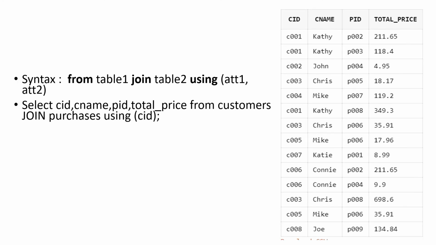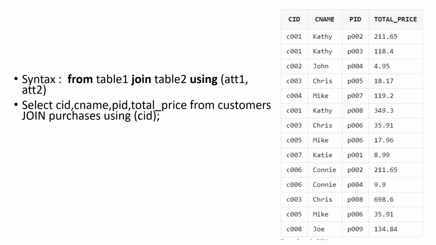This query is written in three forms of join, where I discussed the first form, and the second form is joining the tables by using the keyword using, as shown in the syntax in the slide. Here I'm selecting the customer ID, customer name, product ID, total price from the customers and purchases tables by using the keyword using on the common attribute in both these tables.